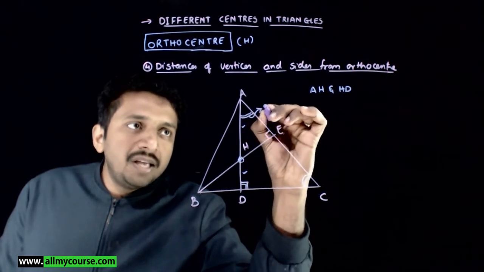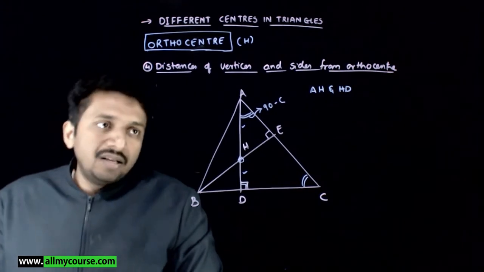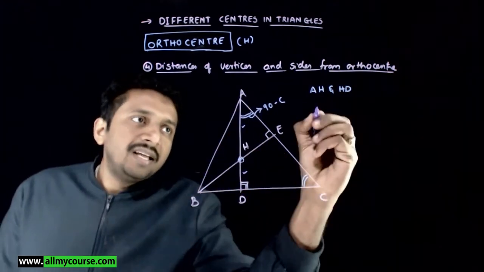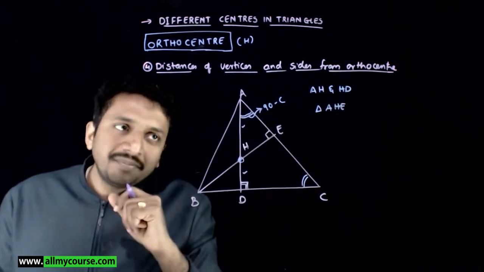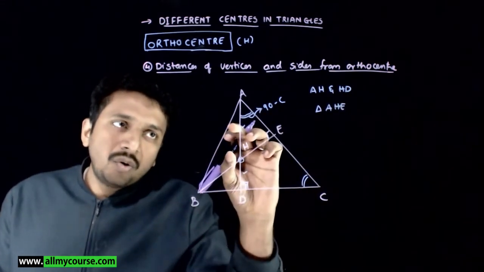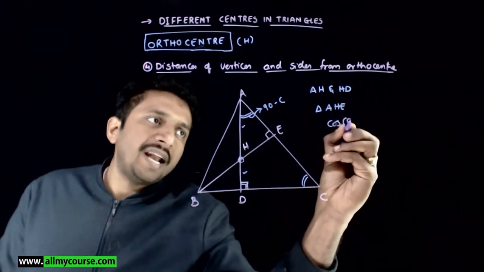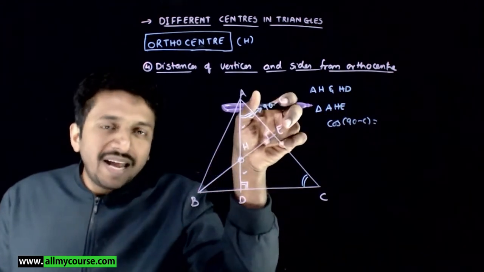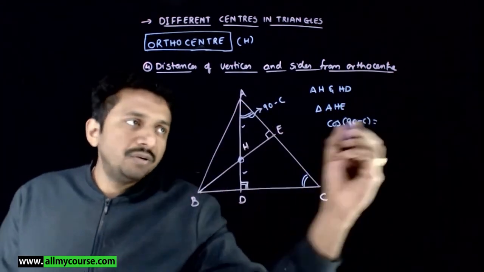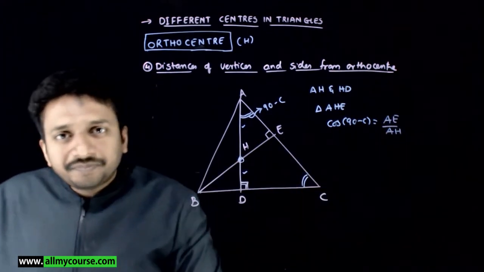This angle will be 90 minus C. Now in triangle AHE, this is also a right angle triangle. So if you want to get to AH, let us take cos of 90 minus C, which is cos theta equal to adjacent side by hypotenuse, AE by AH, right?